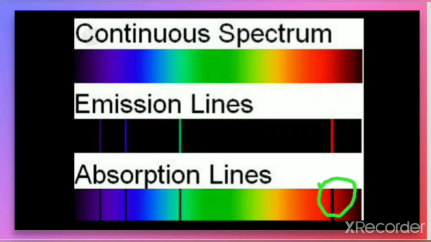But for the same substance, when you observe the emission spectrum, we can find that the same wavelengths of radiation are emitted. So the lines are parallel to each other, showing they are complementary. The radiation which can be absorbed by the substance, the same radiation can be emitted by the substance when it gets excited.